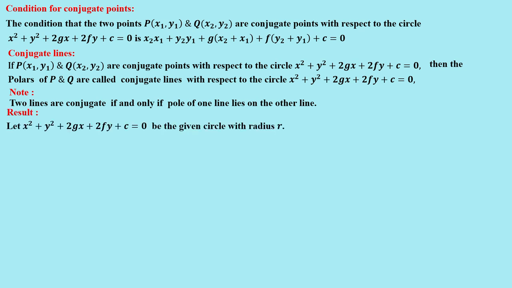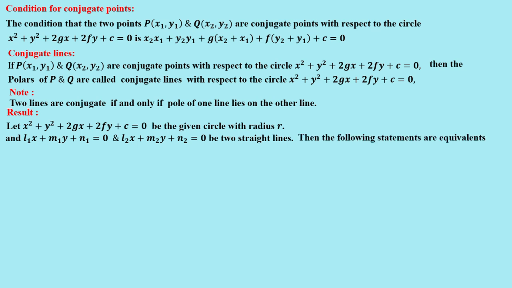Result 2. That is the next theorem. Let x² + y² + 2gx + 2fy + c = 0 be the given circle with radius r, and L1x + M1y + N1 = 0 and L2x + M2y + N2 = 0 be two straight lines. Then the following statements are equivalent.